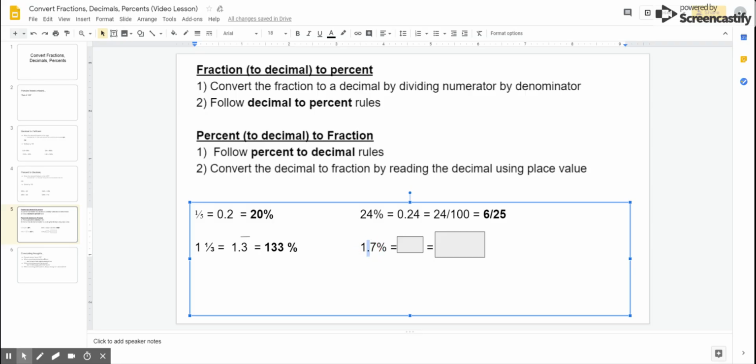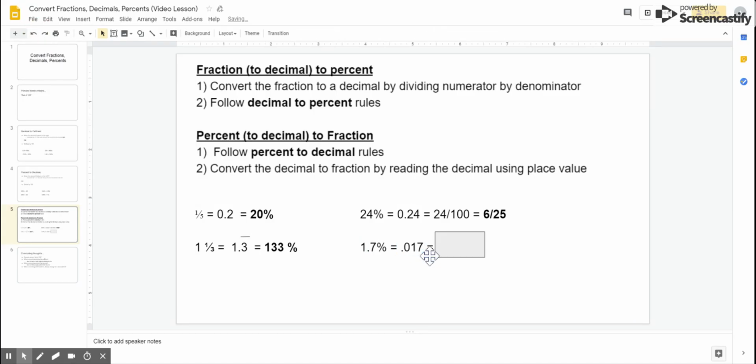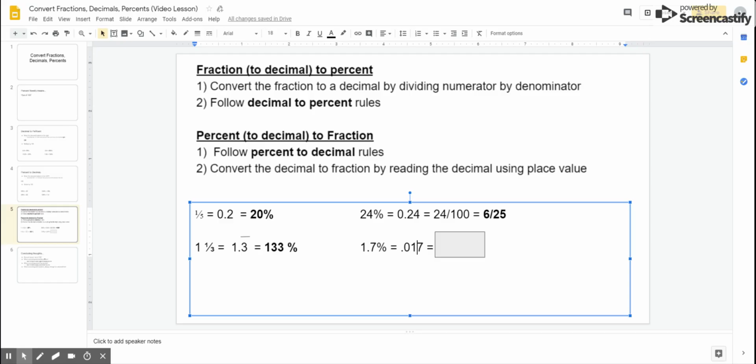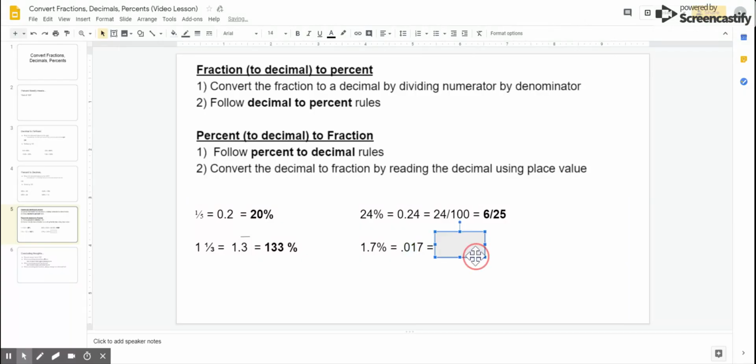Here's our decimal point, and we're going to move it 2 places to the left, and you end up with 0.017. If you started the decimal point here, you're now moving 2 places to the left. And then from there, reading it using proper place value, 0.017 is really read as 17 thousandths.